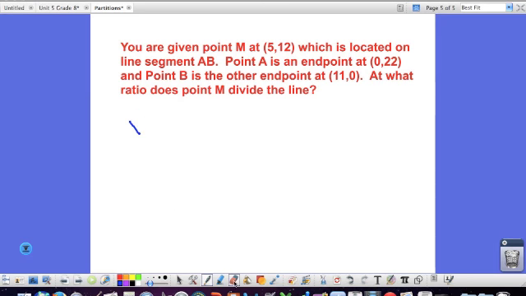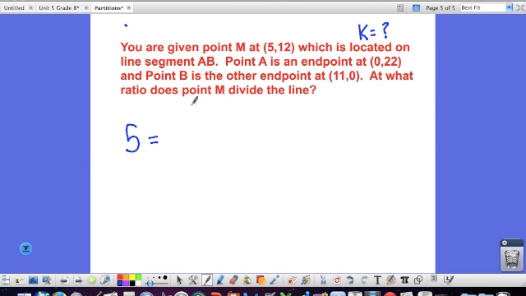So in this case, we don't have the k value. That's what we're trying to find. But unlike the other problems, we do have the x value and the y value of the point along the segment. So we can still use our formula, plugging in our x values and solving for k.